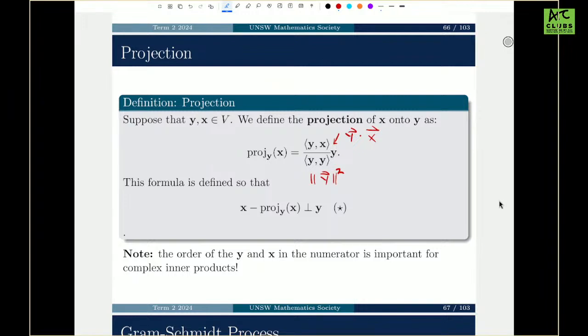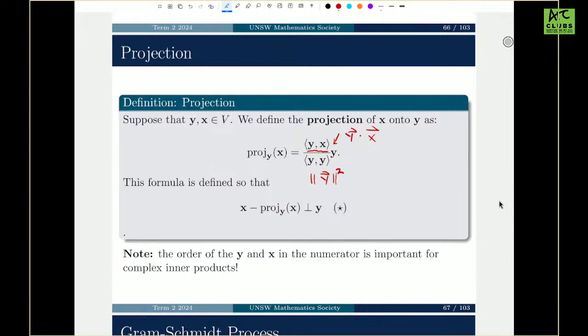Now, it's really important, if we look at this inner product at the top here, that you have these vectors in the right order, because conjugate symmetry is a thing. This doesn't really matter if they're real valued vectors, but oftentimes we're going to deal with complex inner products, or we might get asked to project some complex vector onto another complex vector, and because of that conjugate symmetry, it matters what order you put it in.